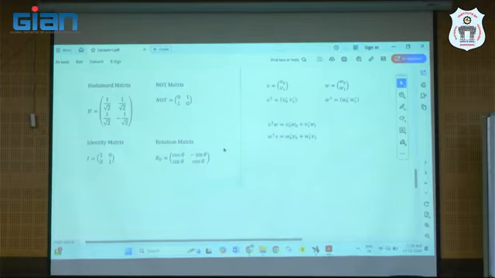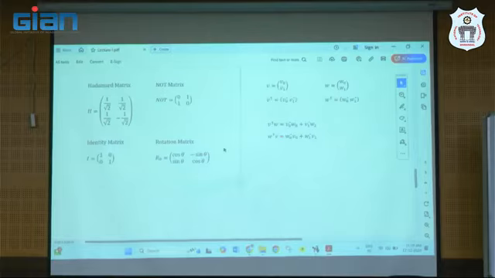Now you see, it is not one matrix, it's a class of matrices. For every theta, you will get another matrix. But the point is, every matrix in this class is a unitary matrix. It satisfies all the desired properties. Norm is 1, norm is 1.